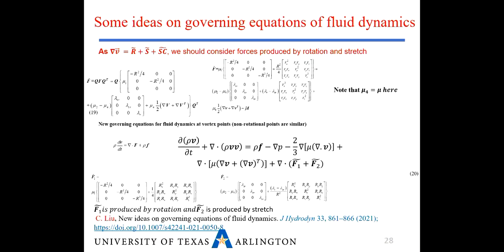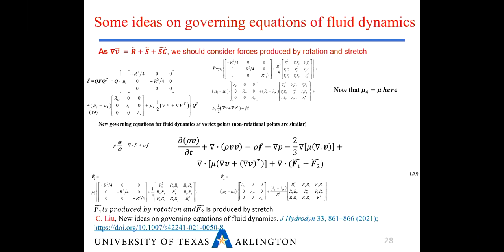Why is mu the same? That assumes mu is isotropic. Who knows mu is isotropic? How do you know? You have rotation. Why is mu isotropic? Nobody knows. So that's why I ask my student to derive the matrix equation.